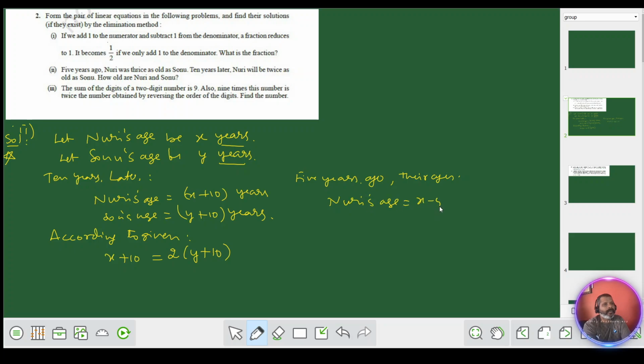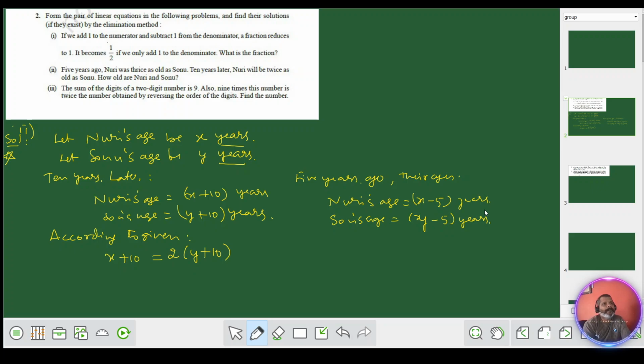Nuri's age is equal to x minus 5 years, right? Then Sonu's age is y minus 5 years.